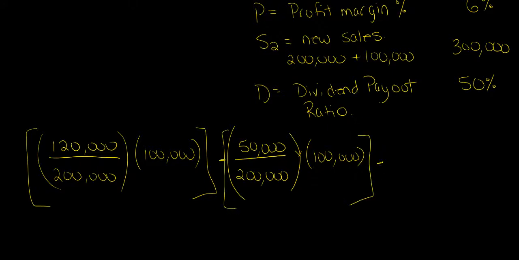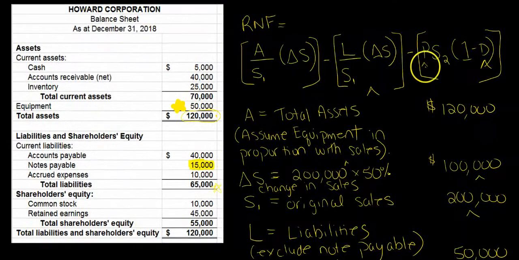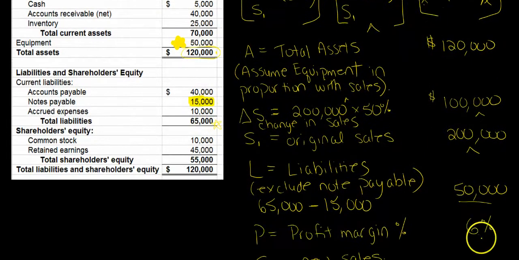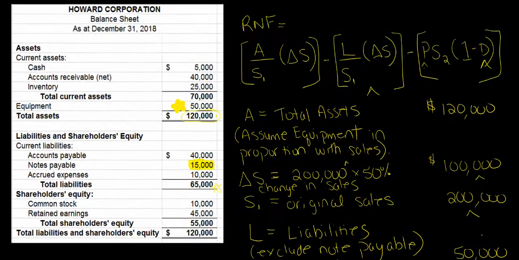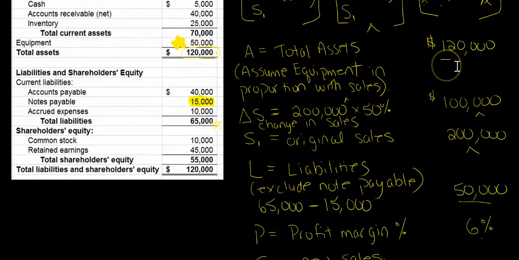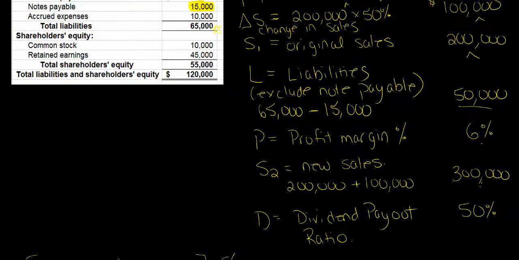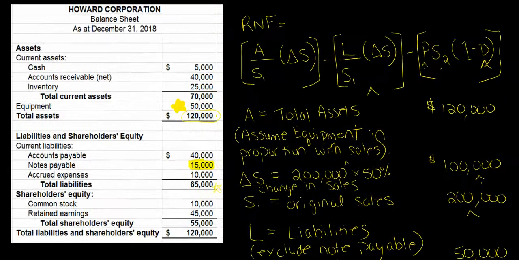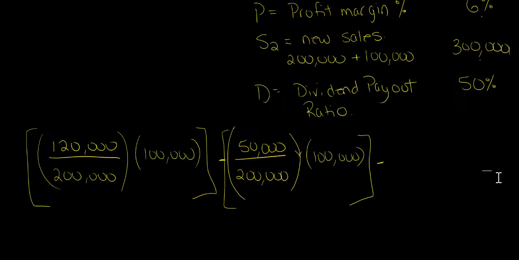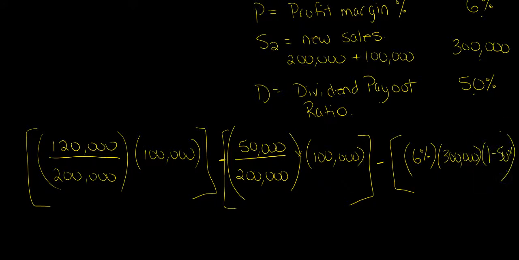And then the last part of the formula is taking your P, which is the profit margin percentage of 6%, multiplying that by S2, which is your new sales of 300,000, and then multiplying that by 1 minus the dividend payout ratio, which is the 50%. So I'll take 6%, multiply that by the 300,000, and then 1 minus 50%, okay?